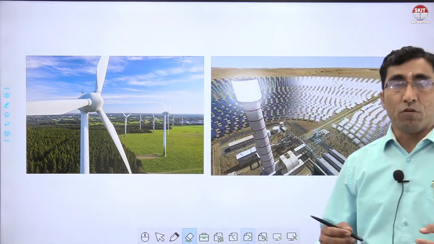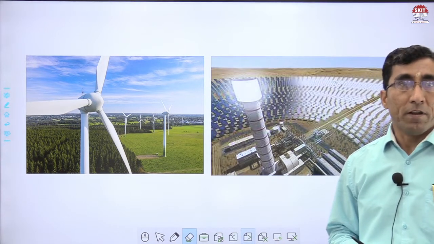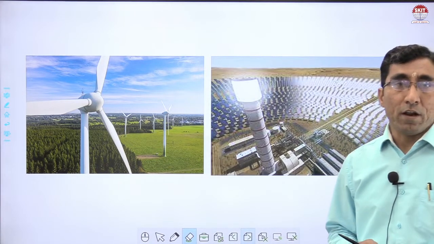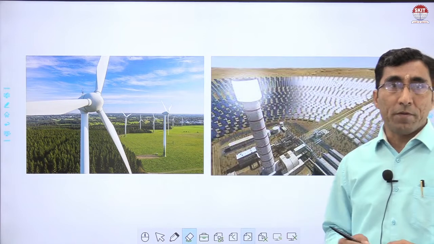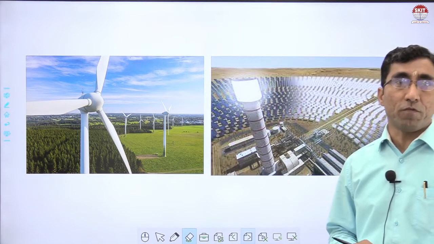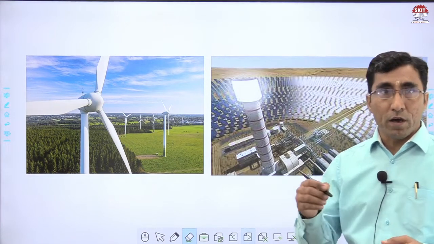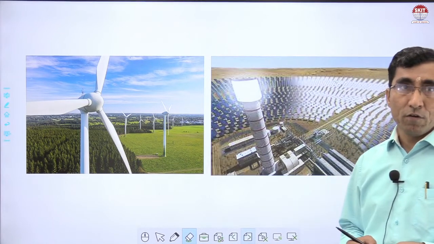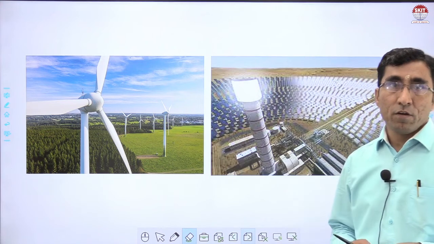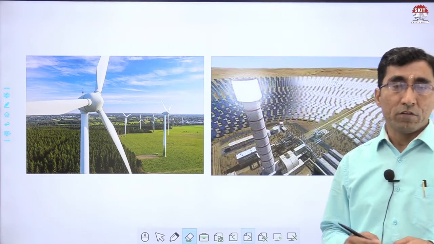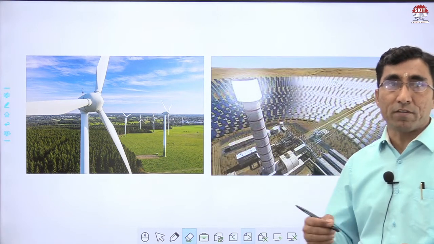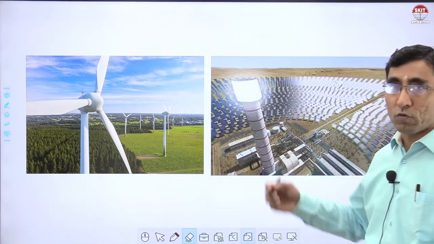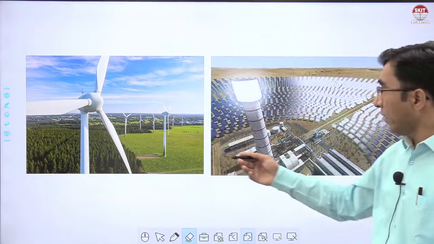You might have heard the latest announcement by Shri Narendra Modi, Prime Minister of India, at the Glasgow summit on the environment: our target for the next 50 years is zero emission, as well as 50% of the power generation by renewable sources. So, these are two examples, wind energy and solar energy.